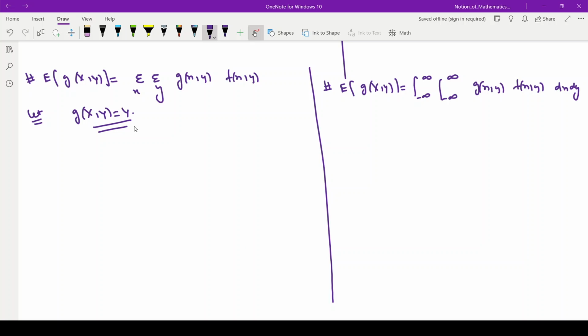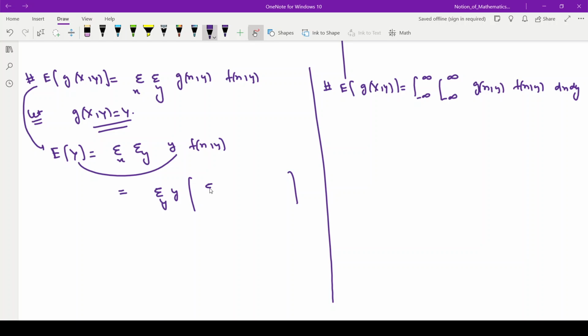How will things be incorporated here? I can write the expectation of Y as summation over x, summation over y, of small y into f(x,y), or I can write it as summation over y and inside the bracket summation over x of f(x,y). This is again the marginal distribution.